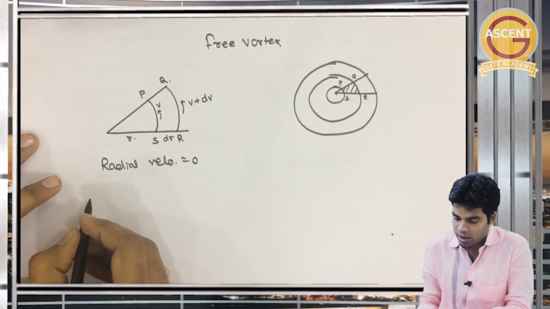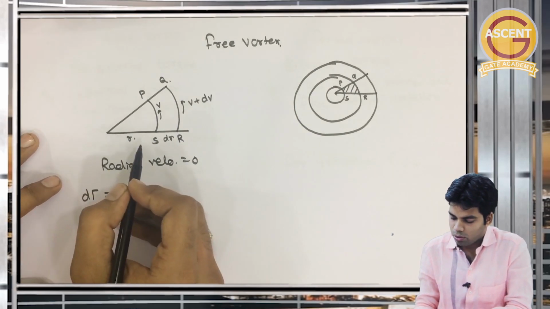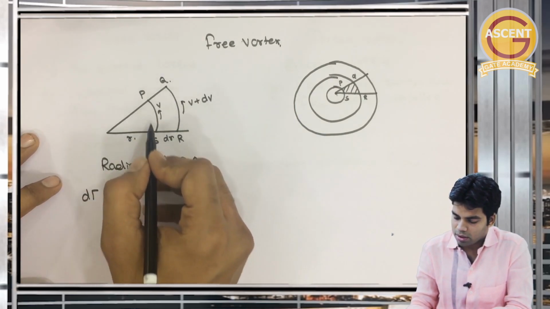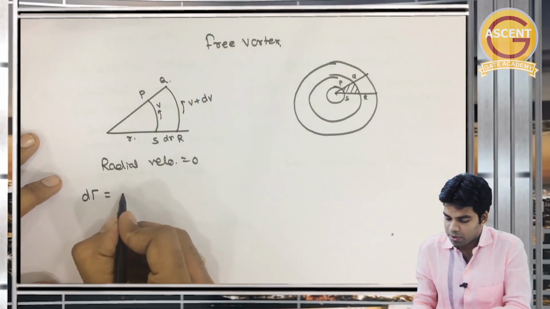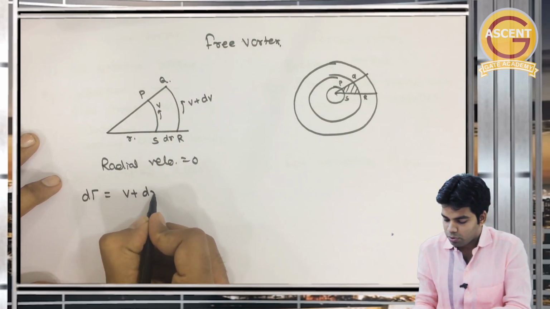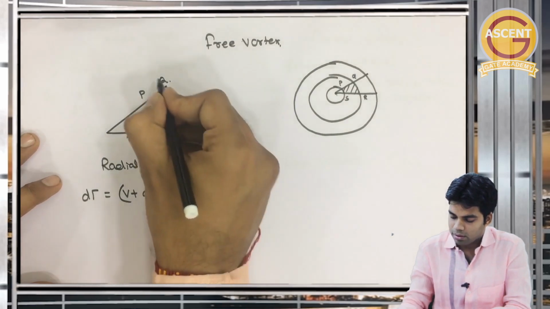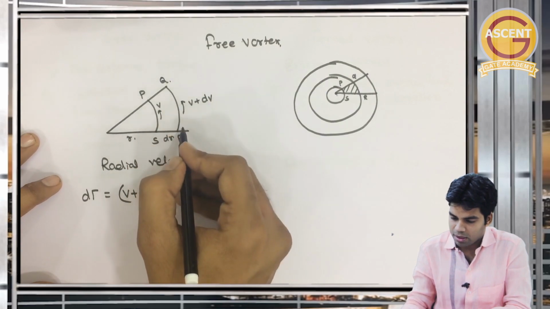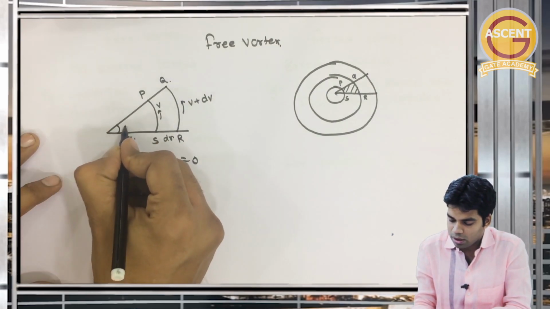This is radius r. Now, what will be the circulation for this element PQRS if I want to calculate it? It is the summation of the product of velocity component and the elemental length. So V plus dV into the elemental length, which is r plus dr into d theta.